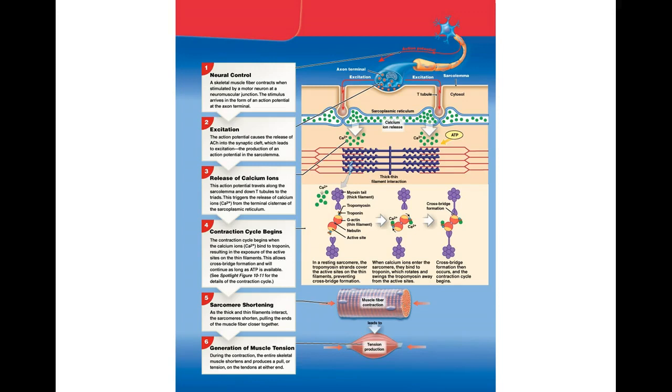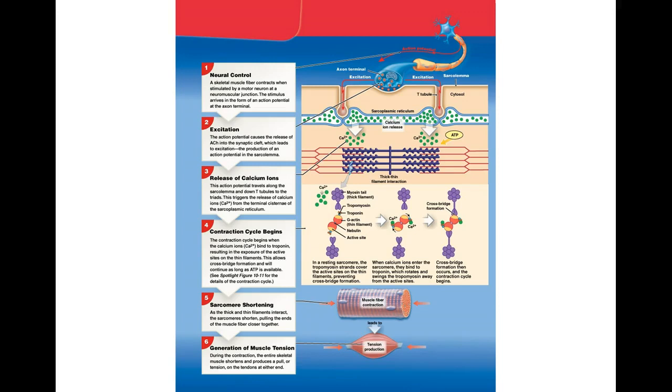Then this also comes from your book, and basically with neural control number 1, we pick it up where we just left off. So the nerve has released, and you're looking at the top of the picture and also the top of the number sequencing here. The nerve has released neurotransmitters into the synaptic cleft. This is changing the permeability.